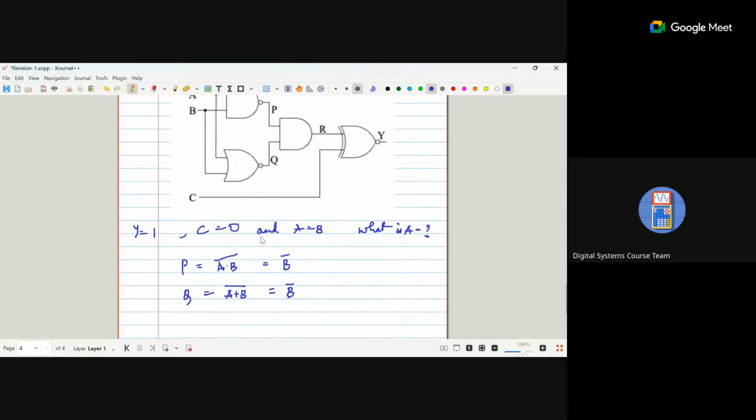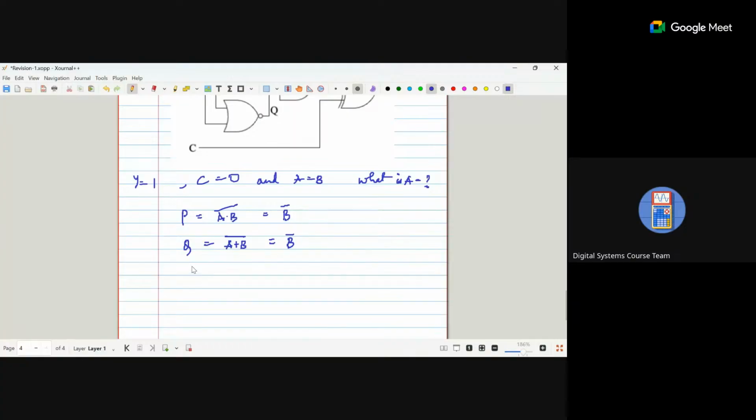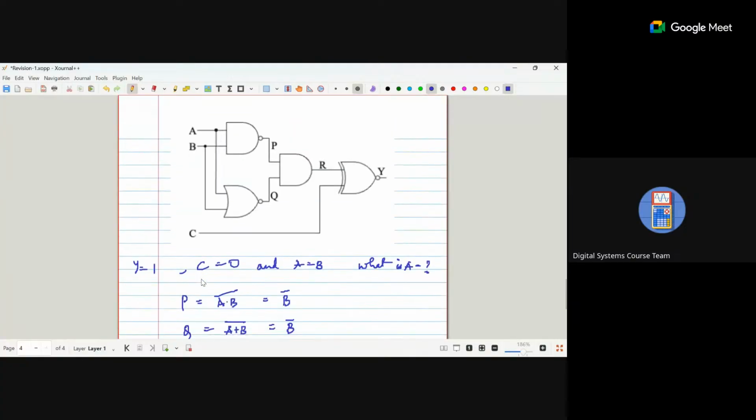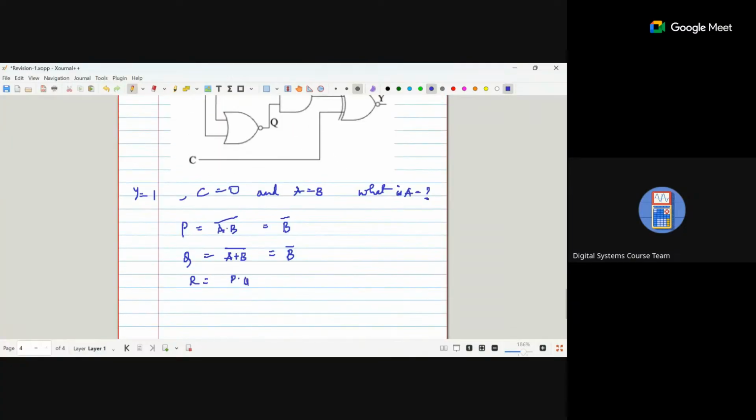Correct? And now for R, R is P dot Q, which is again B complement dot B complement. What will it be? It will be the same, B complement.